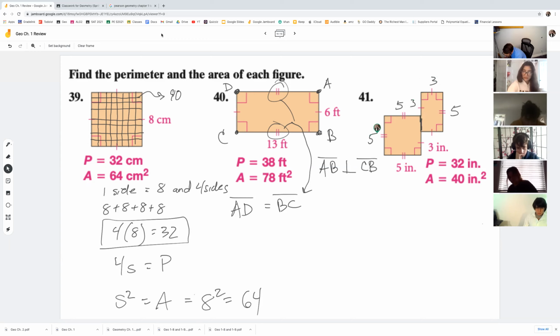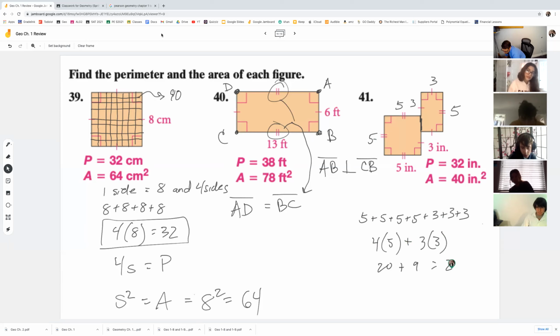So perimeter would be 5 plus 5 plus 5 plus 5 plus 3 plus 3 plus 3. There's 1, 2, 3, 4 5s and 3 3s. It's much easier to just count the 5s and say 4 times 5, count the 3s and say 3 times 3. So you get 20 plus 9, 29.